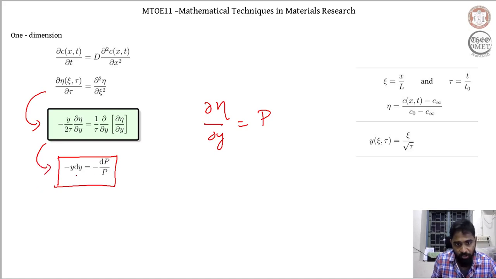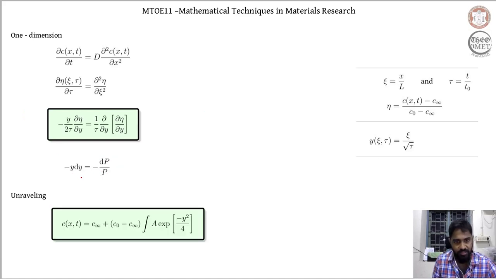So ultimately what you observe here is no longer a PDE but an ODE which we could solve. And when you solve this, you will end up having an expression like this, wherein you are able to understand how my concentration is going to change with respect to my position and my time.